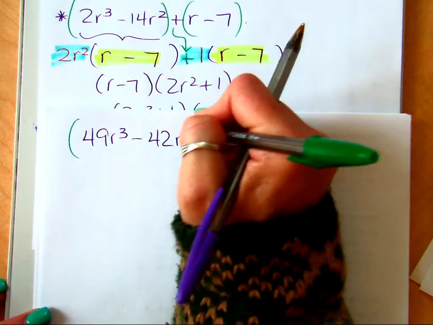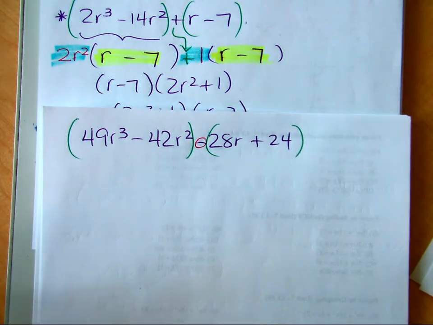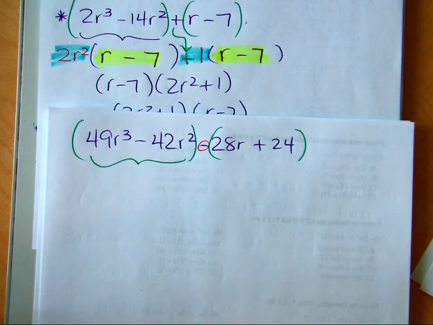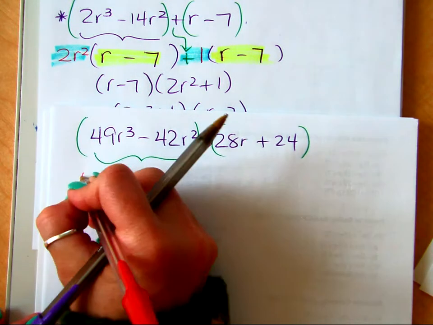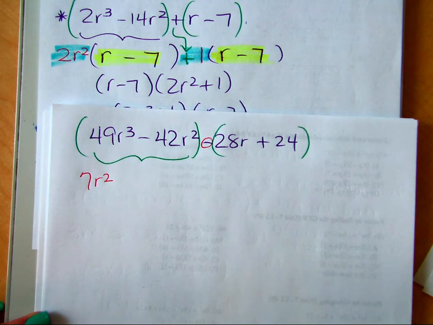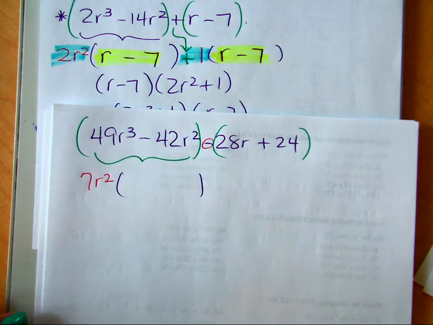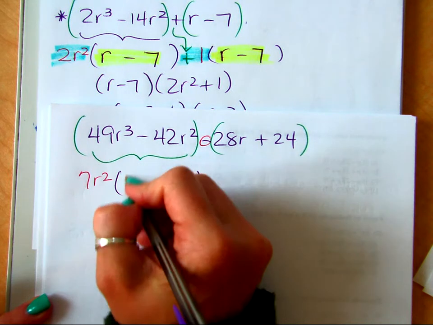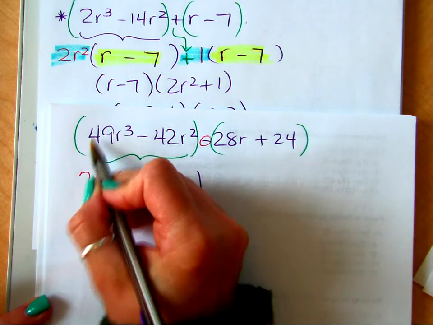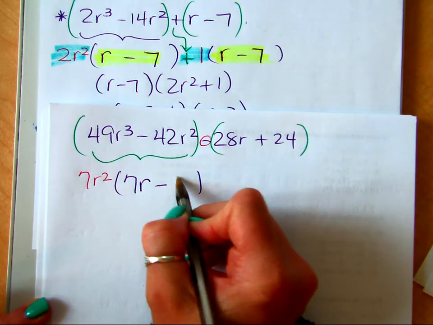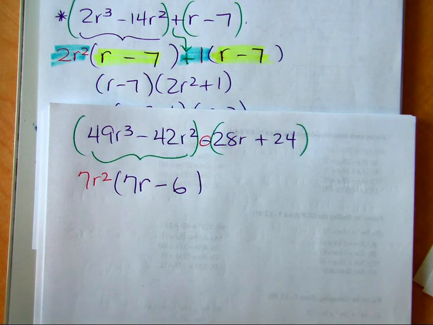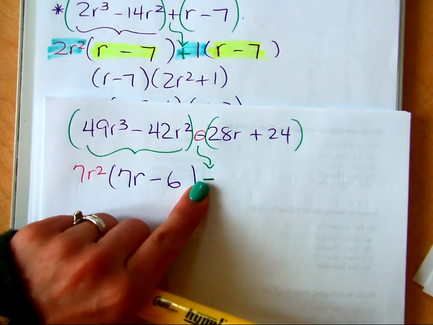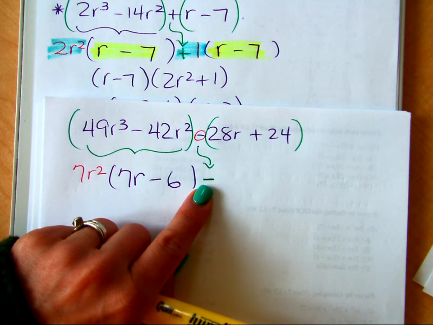So you're going to pair these 2 and you're going to pair these 2. You're going to pull the GCF out of each. When I pull the GCF out, here I get this. What's left over? 7R squared times what? 7R. Another 7R. I didn't pull out a negative, so this doesn't change, and this is going to be 6. Good so far? Okay, watch, because this is a little bit different. When that's a minus there, what did we learn about when you factor out a negative?